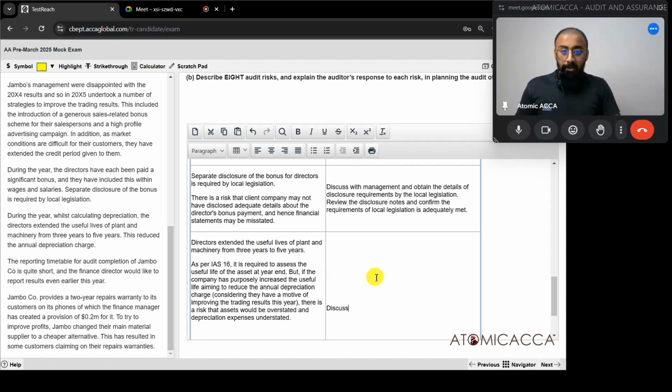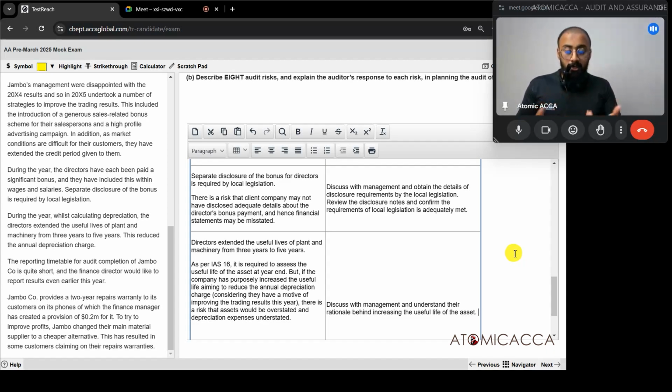So first thing, for namesake, we'll start talking to them, discuss with management and understand their rationale behind increasing the useful life of the asset.